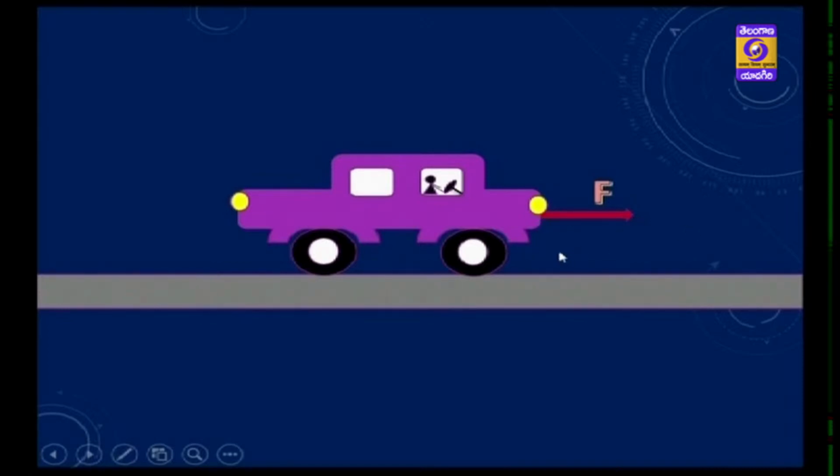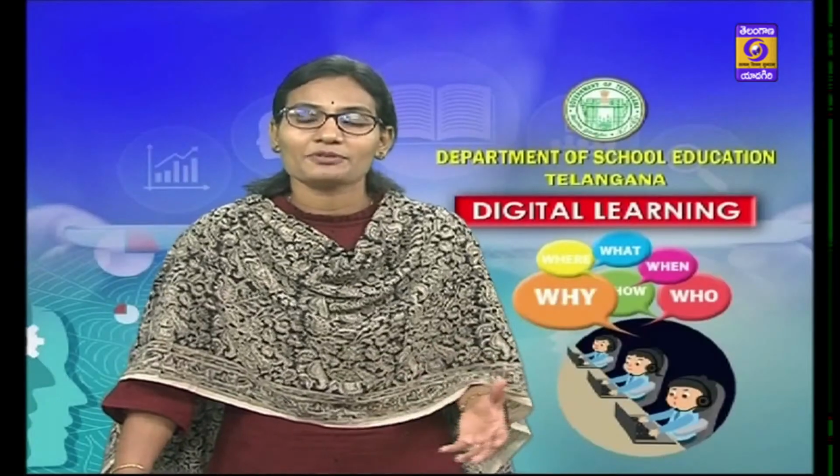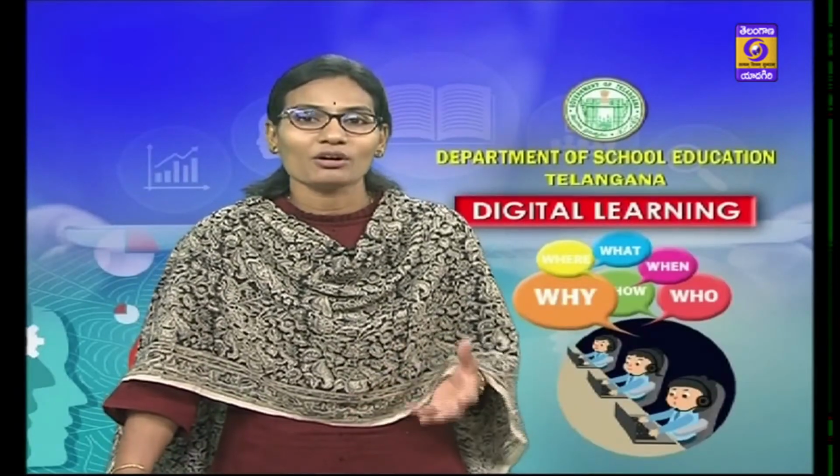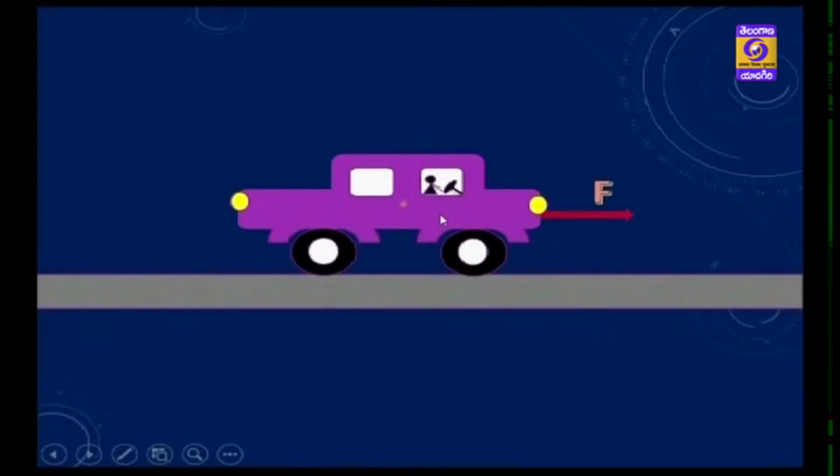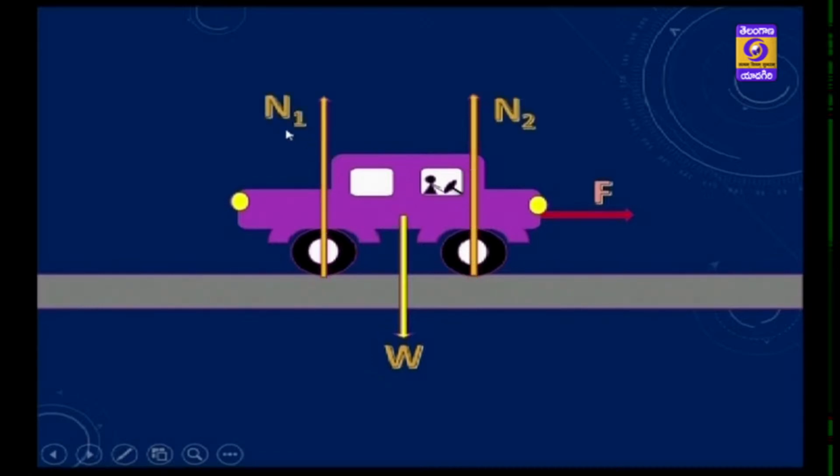Now tell me, children, we learned in the previous session that different types of forces are exerted on an object. Yes, the gravitational force acts in the downward direction and is indicated with the symbol W. Here the car has two contact points, so two normal forces, denoted N1 and N2, act at these points in the upward direction.